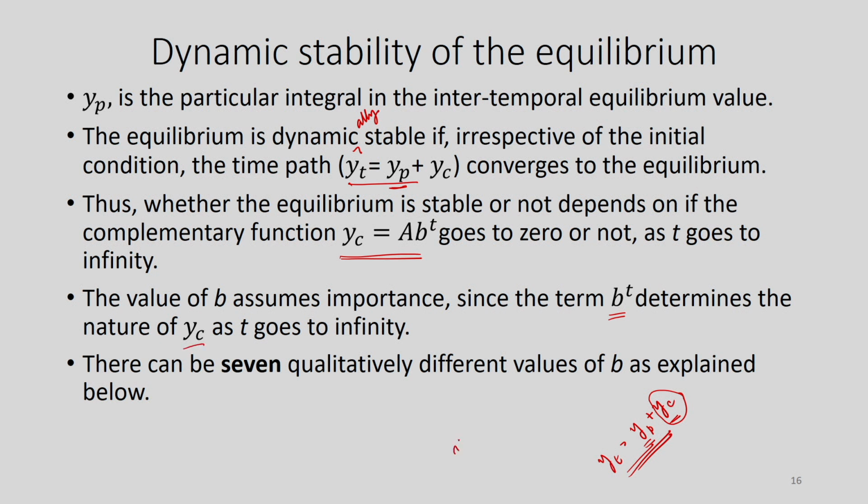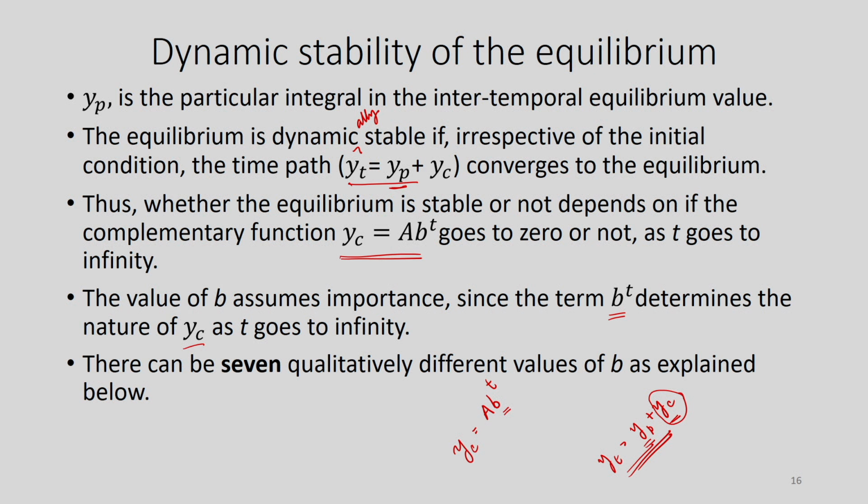Now, that is obvious. You see, y c is equal to a b to the power t. T is going to infinity, it is becoming larger and larger. So, what is the value of b? That will determine whether y c slowly drops out or not, right. So, the value of small b, that constant, is of critical importance.